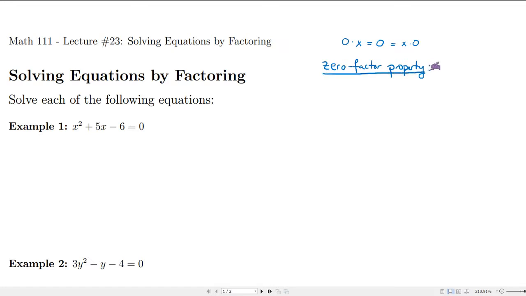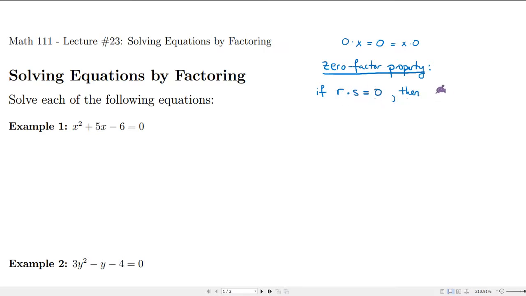Okay, what that says is if I have a product of two things, so if I know that r times s is equal to 0, then I must have that one of these factors is a 0. Or both of them are 0, but you're definitely guaranteed one of them is 0.